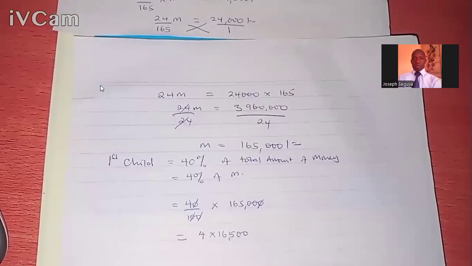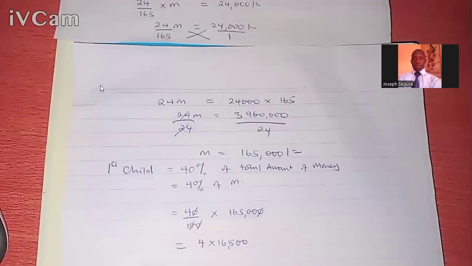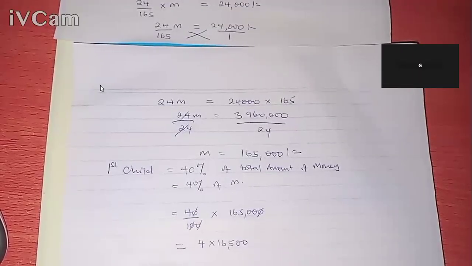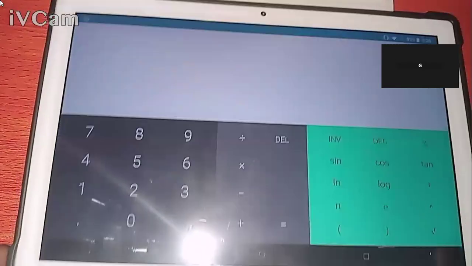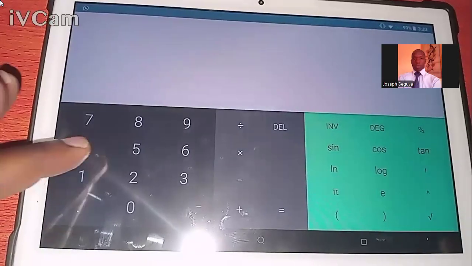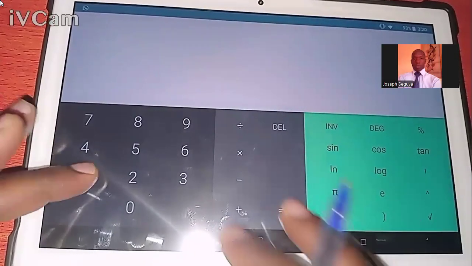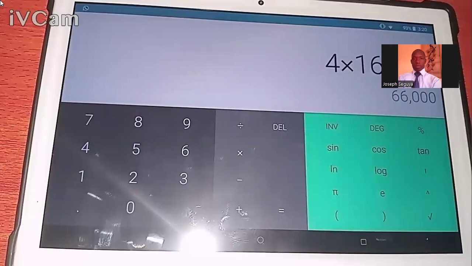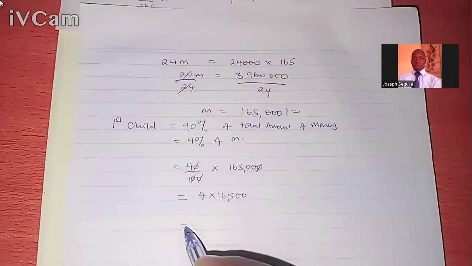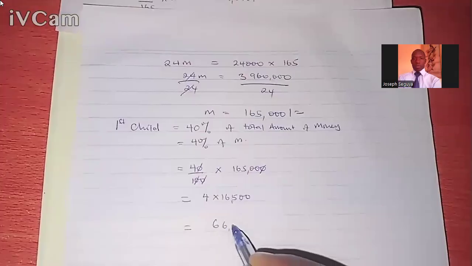What do you get when you multiply that? If you multiply that, we shall have 4 times 16500, and we shall have 66,000 there. So we shall write this equals to 66,000.